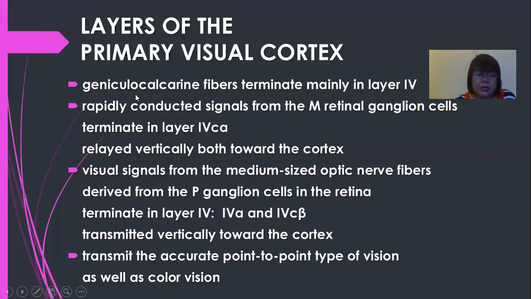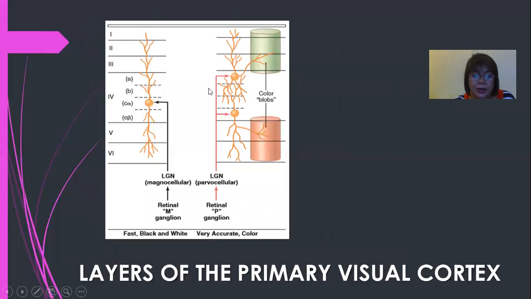Okay, so the geniculocalcarine fibers terminate mainly in layer 4. Rapidly conducted signals from the M retinal ganglion cells terminate in the 4C alpha, relayed vertically both toward the cortex. Visual signals from the medium-sized optic nerve fibers derived from the P ganglion cells in the retina terminate in layer 4A and 4C beta.